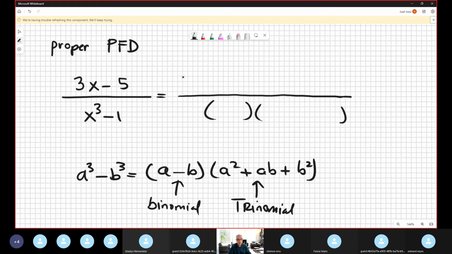Okay, and where do you find that? Well, it's a cubic root. Cubic root of x cubed is x, and cubic root of 1 is 1. And this is the same sign, negative, negative. And here is the square first, always plus, multiplication of both x and 1 is x, plus 1 squared is 1. Cool?